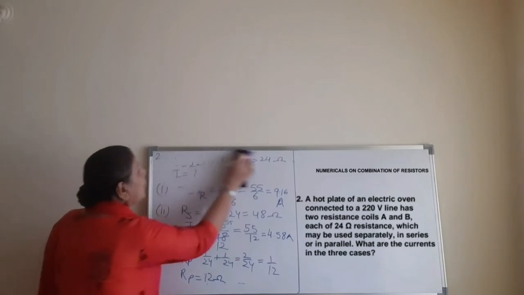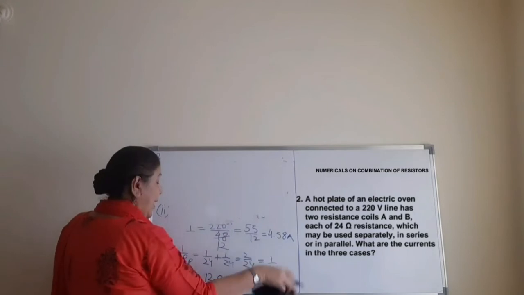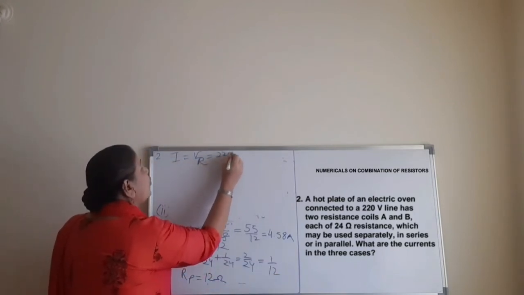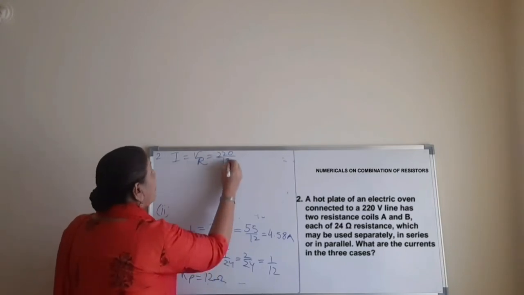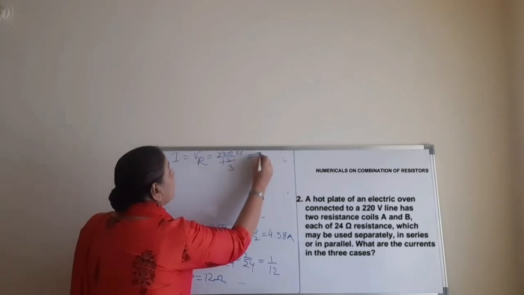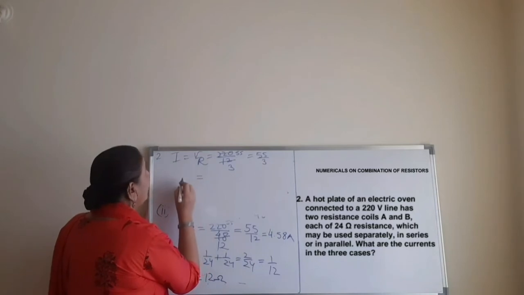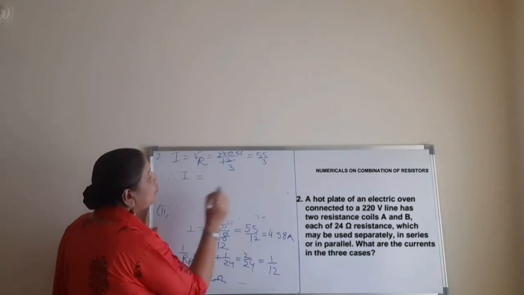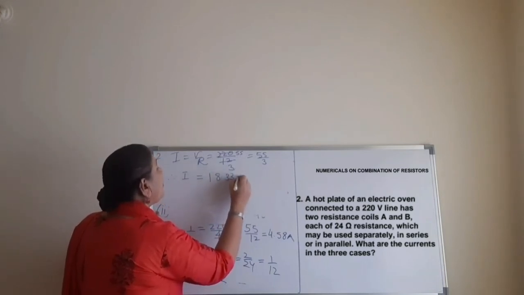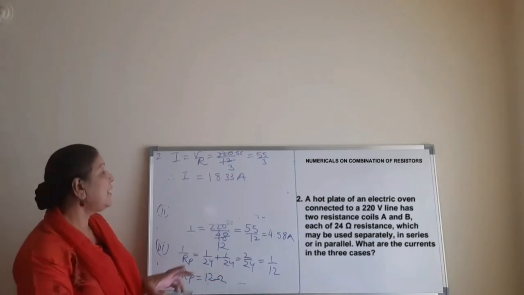And from here I am going to find I again. So I in the third case will be equal to V by R. V was 220, R was 12. So it will be 55 by 3, therefore I is equal to 18.33 amperes.